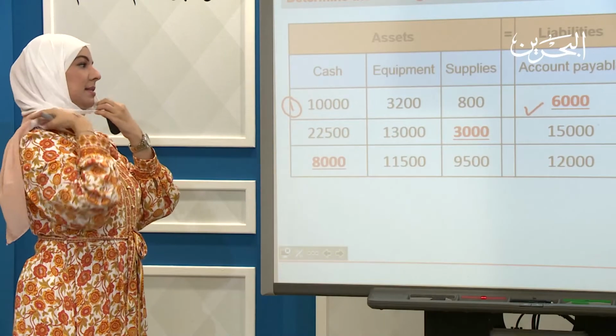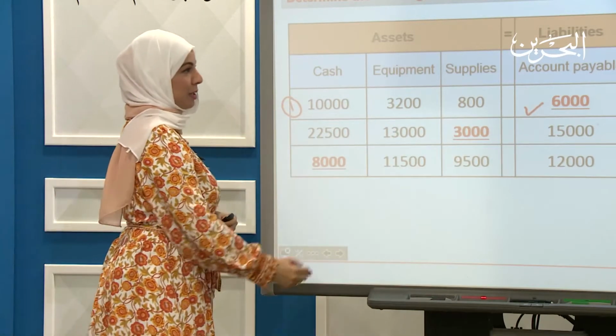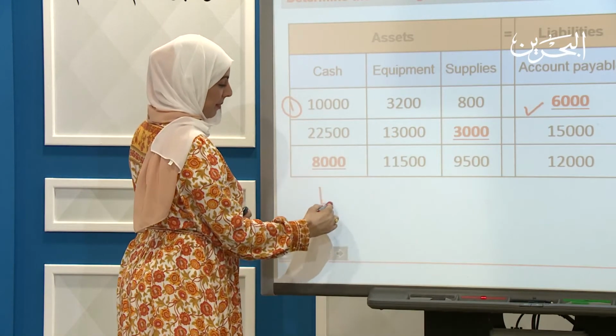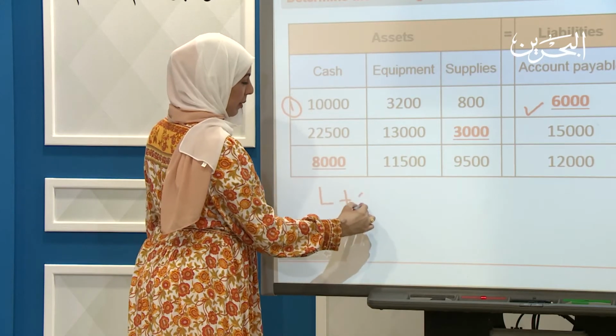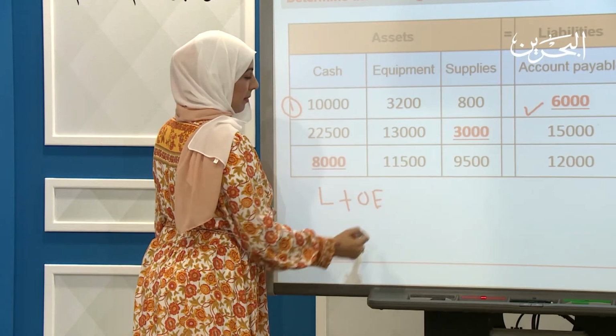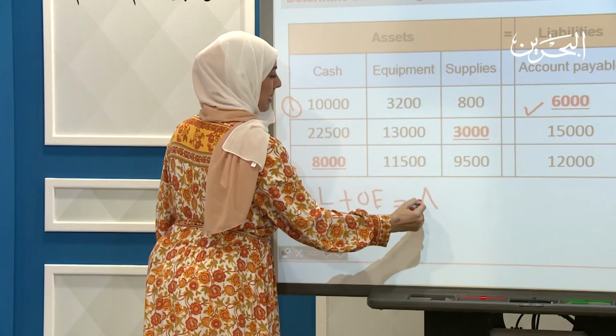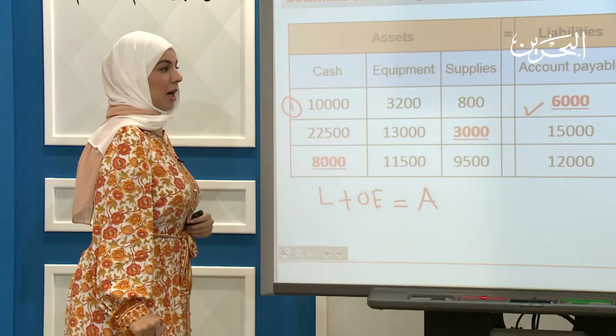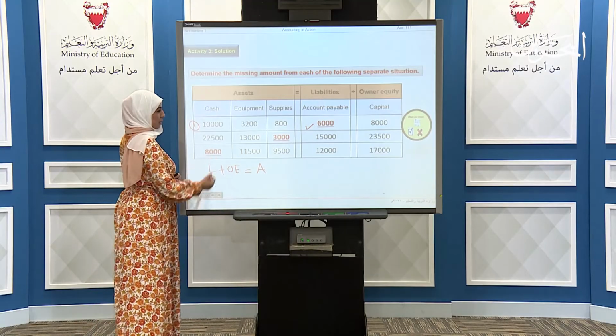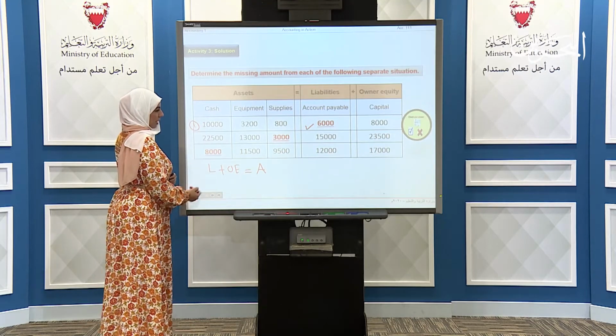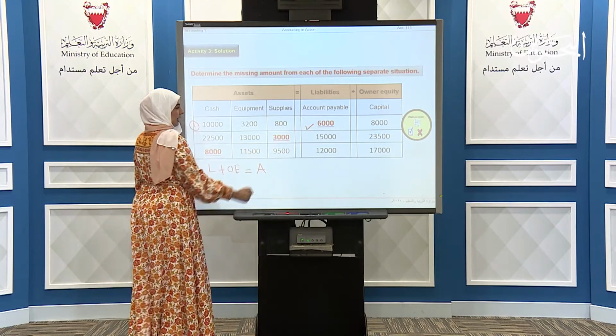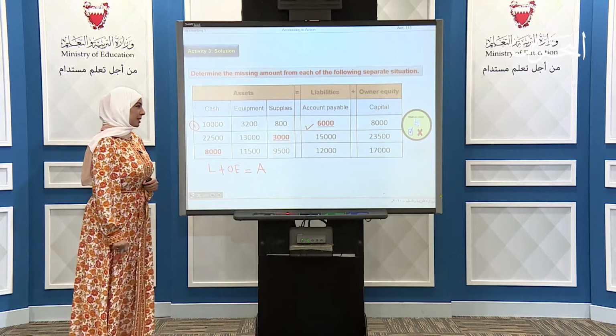For the assets, I have the total of liability plus the owner equity, and it will be equal to assets. I should keep it equal. So the difference will be the number of the supplies.